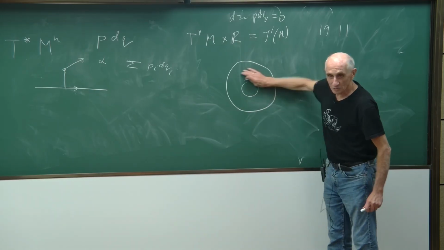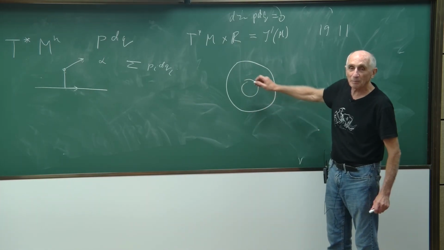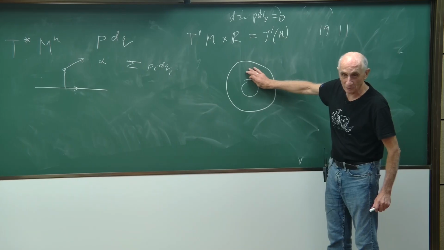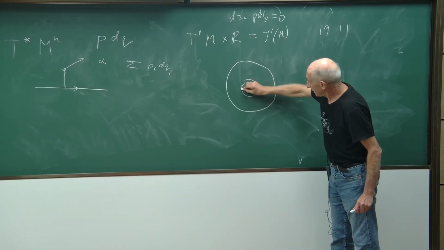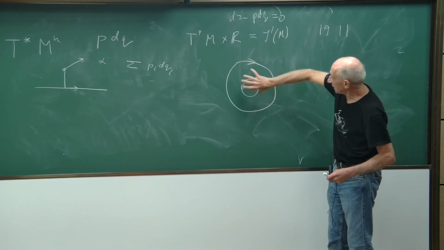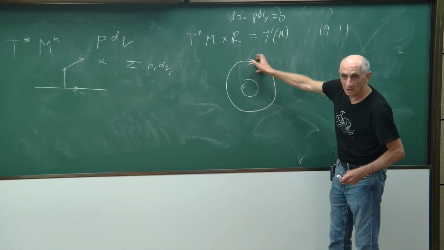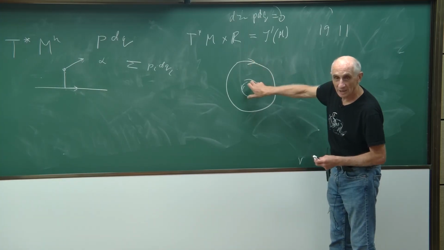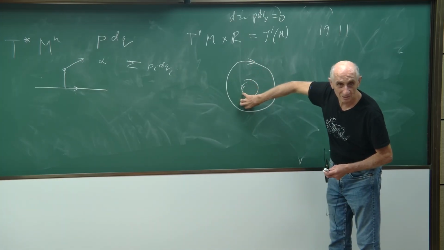So you have an annulus, and you have an area preserving transformation of this annulus. And this area preserving transformation has the following property, that it twists one boundary in one direction, and the other boundary in another direction.